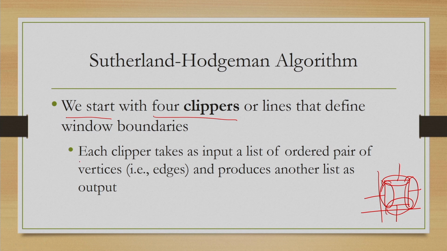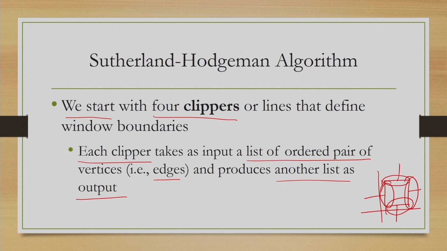Now, each clipper takes as input a list of ordered pairs of vertices, which essentially indicate the edges. Each pair of vertices indicates an edge, and from that input list it produces another list of output vertices.